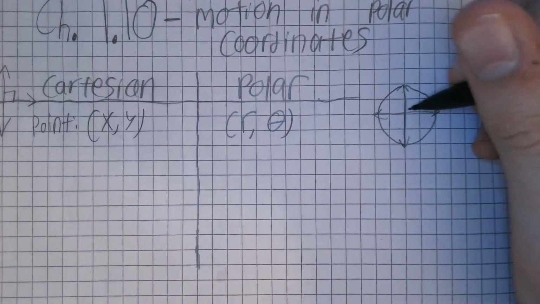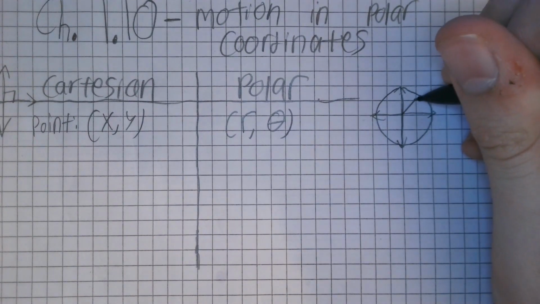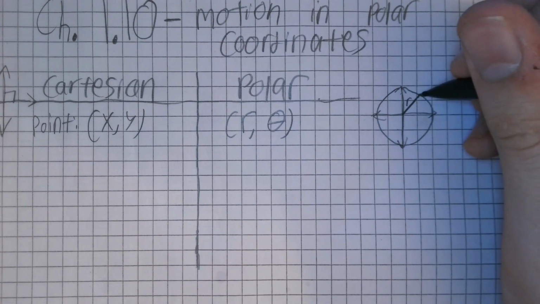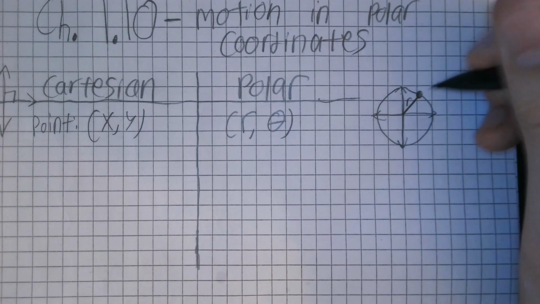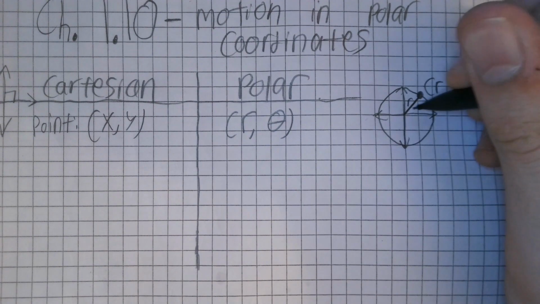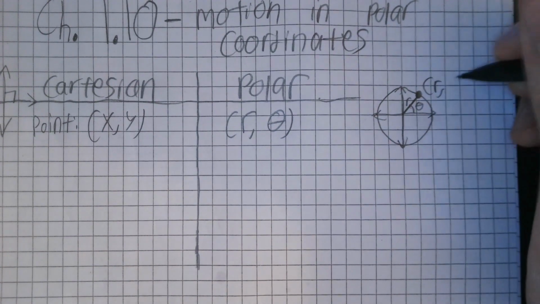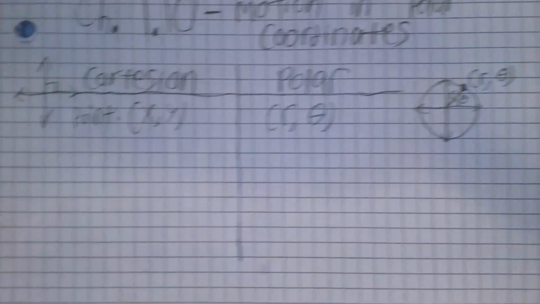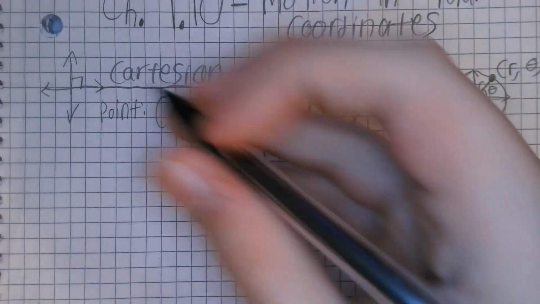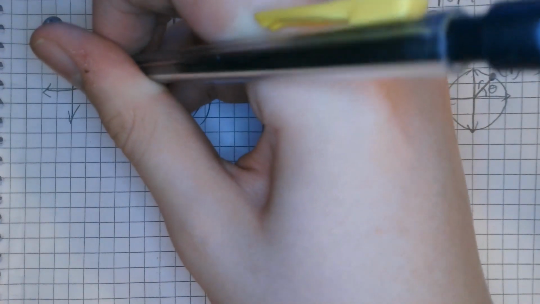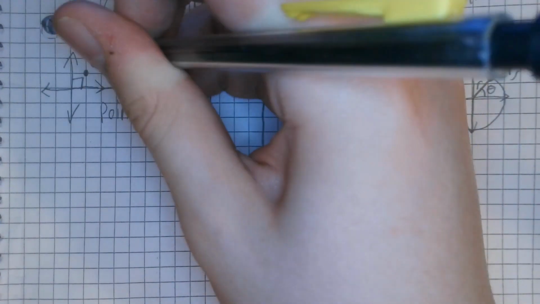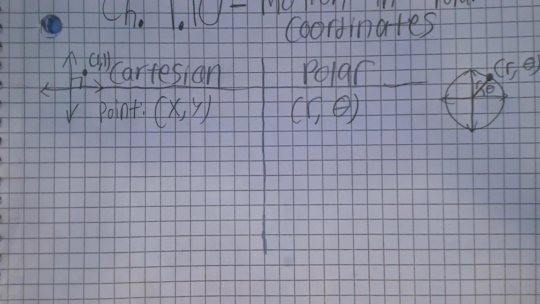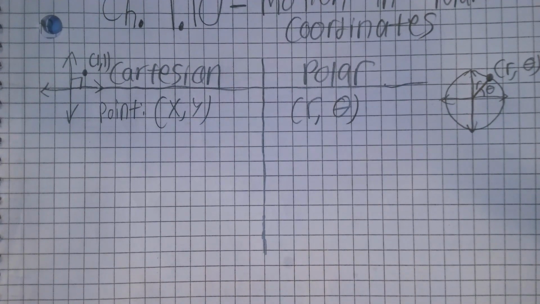So if we have some length r here, our point's right here, we can represent it with the length r and the angle it makes to the x-axis, which we call theta. Okay? And here, I would assume you know this, but 1 over in the x, 1 over in the y, that's 1, 1, or in the format x comma y.